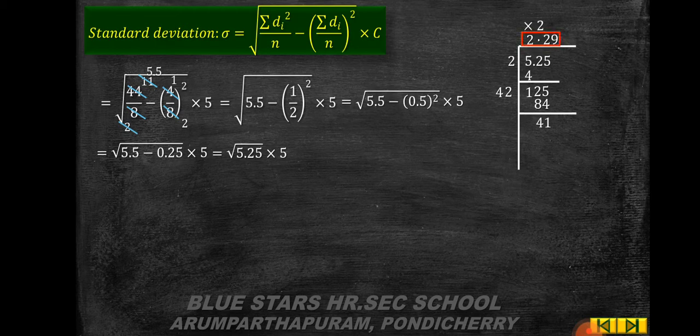Now 2.29: 44 into 9, so 449 into 9 you get 4041. So you get the remainder. So the square root of 5.25 is 2.29, into 5. So sigma is approximately equal to 11.45.